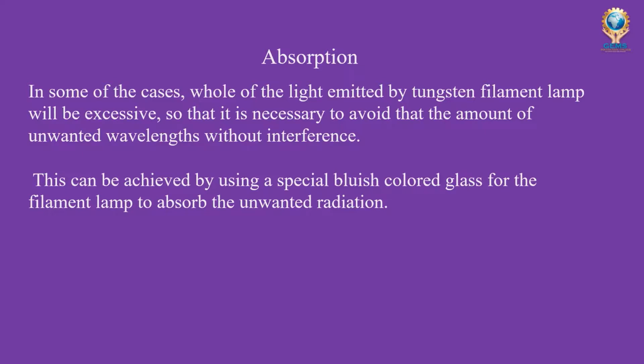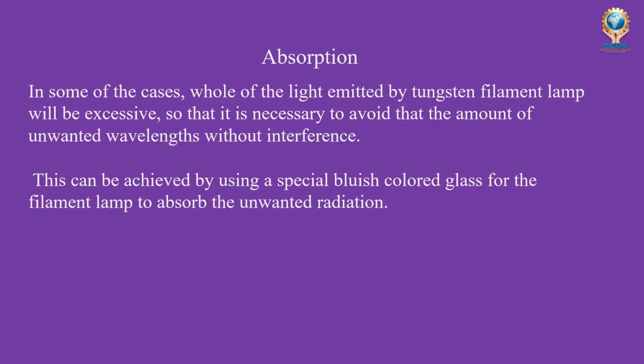The last one is absorption. In some cases, the whole of the light emitted by the tungsten filament lamp will be excessive, so it is necessary to avoid the amount of unwanted wavelength without interference. So if excessive light is there, some of the unwanted wavelength will be absorbed.